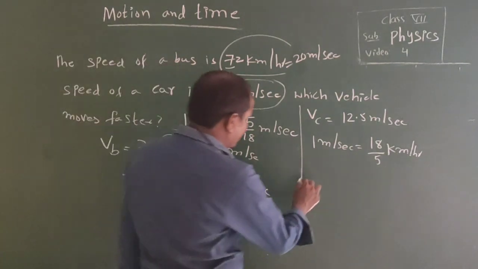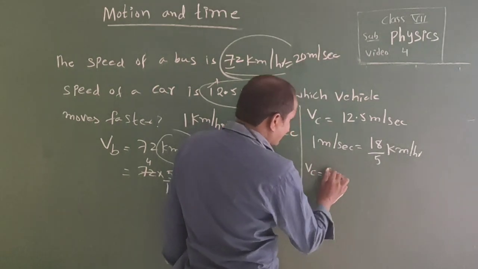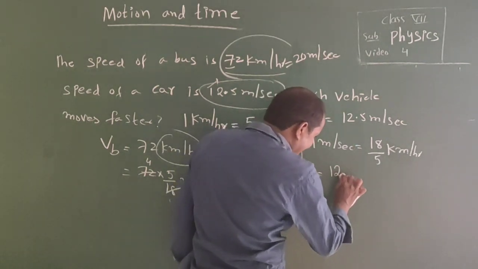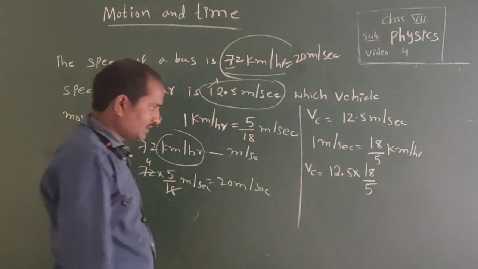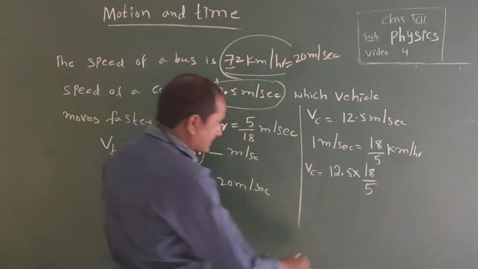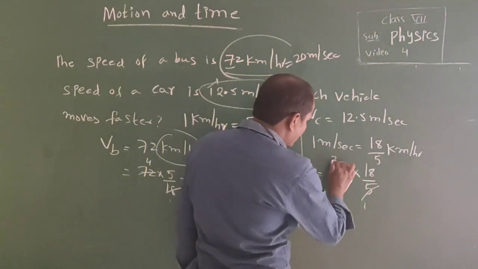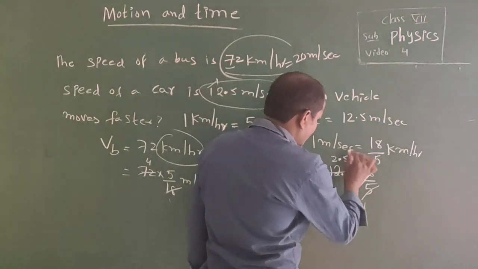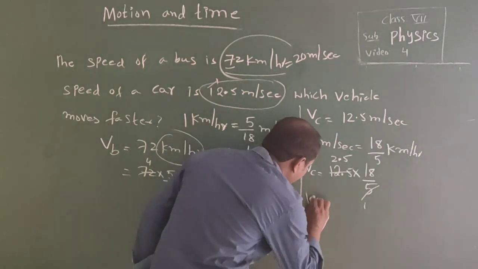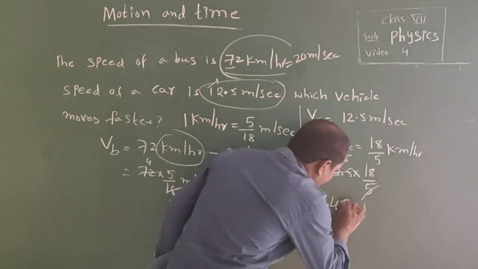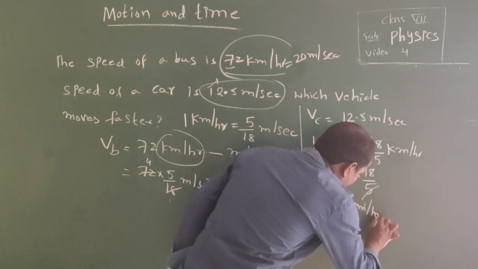So here, speed of the car equals 12.5 into 18 by 5. 5 ones are 5, 2.5. That is equal to 45. So the speed of the car equals 45 kilometer per hour.